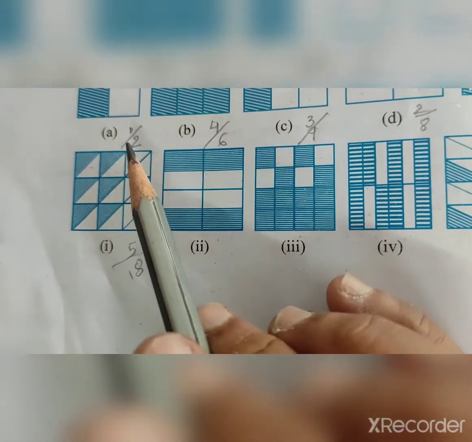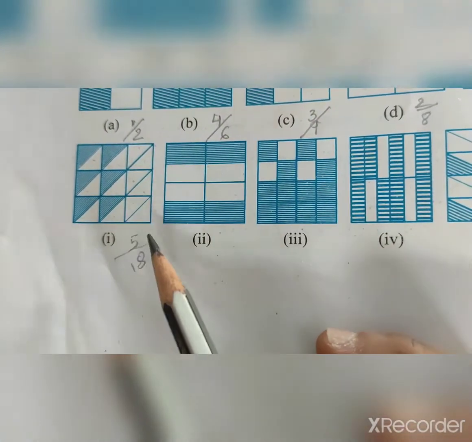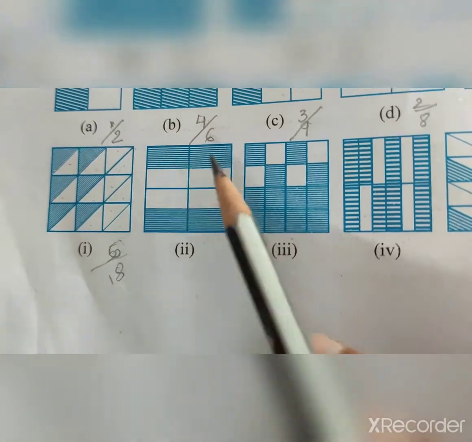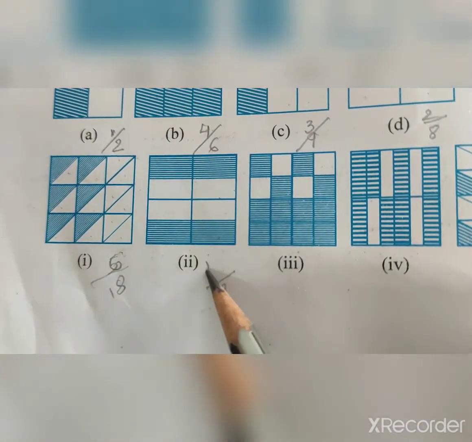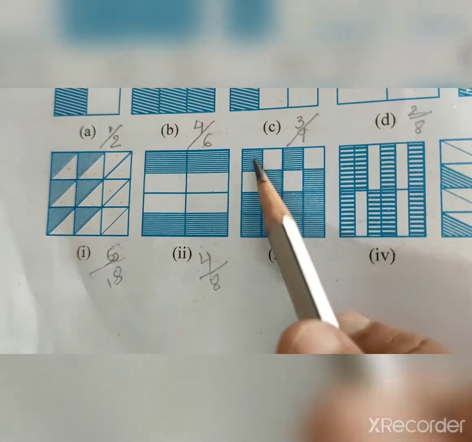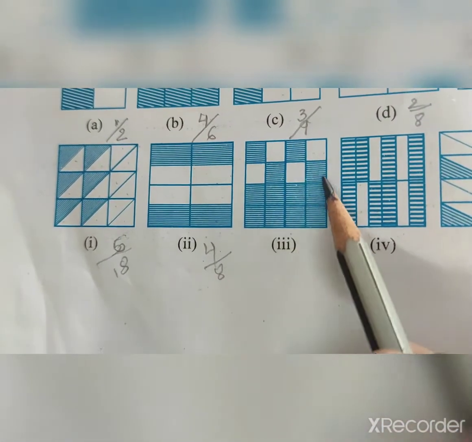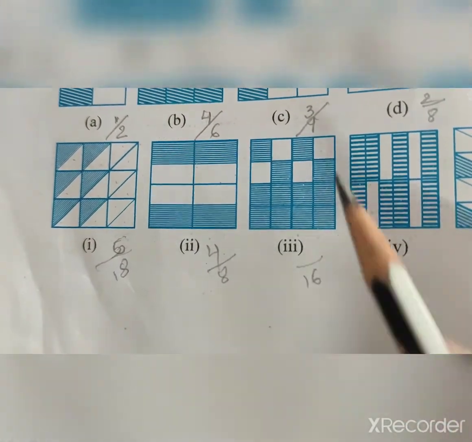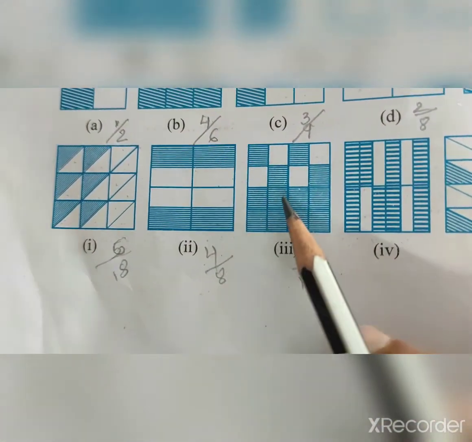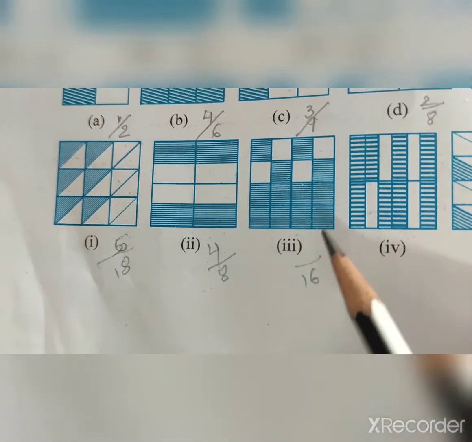And out of how many triangles are shaded? 6. Now here 8 parts, and here 4. 4 2s are 8, 4 3s are 12, 4 4s are 16. Out of 16, how many are shaded? 12.